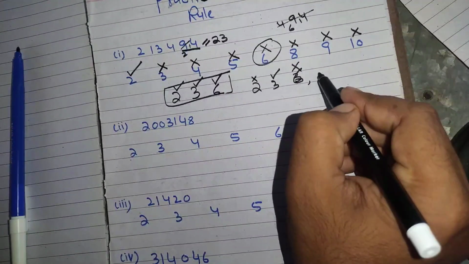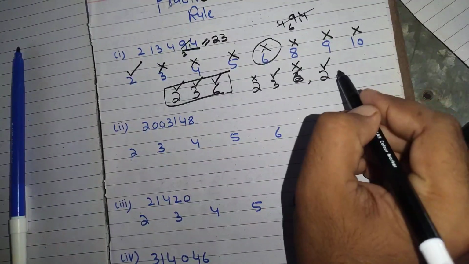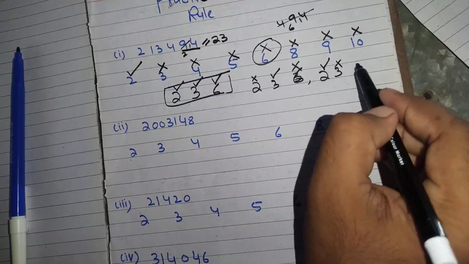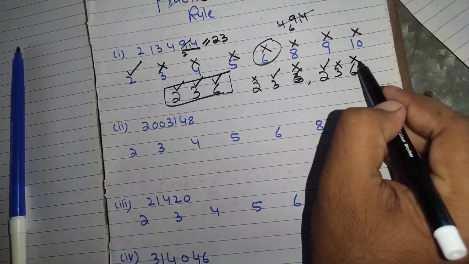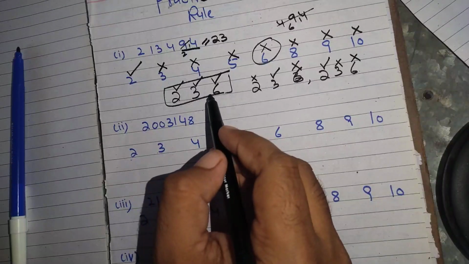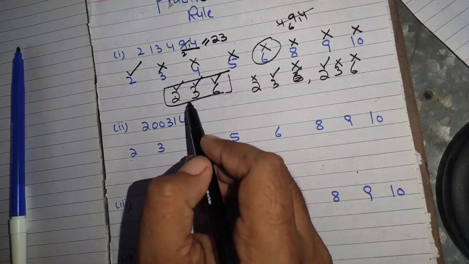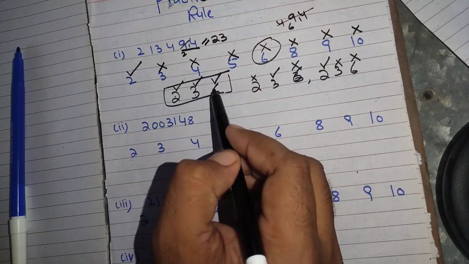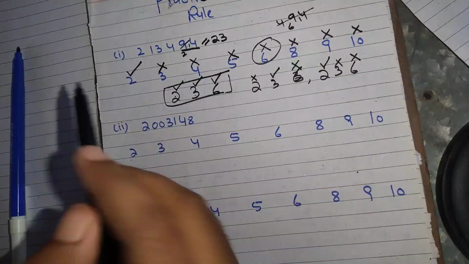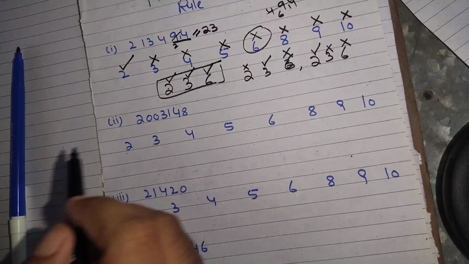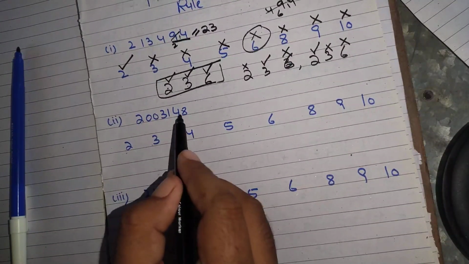And if 2 is a divisor but 3 is not, 6 is also not a divisor. The conclusion is that if 2 and 3 both are divisors of a number, then 6 is definitely also a divisor of that number. Again come to the second number 2 4 8.